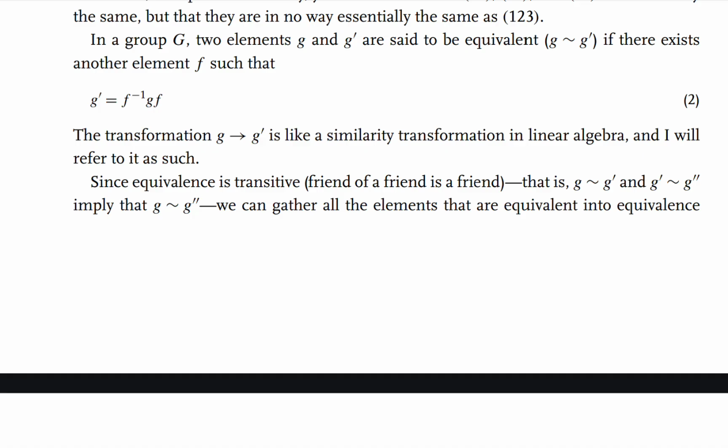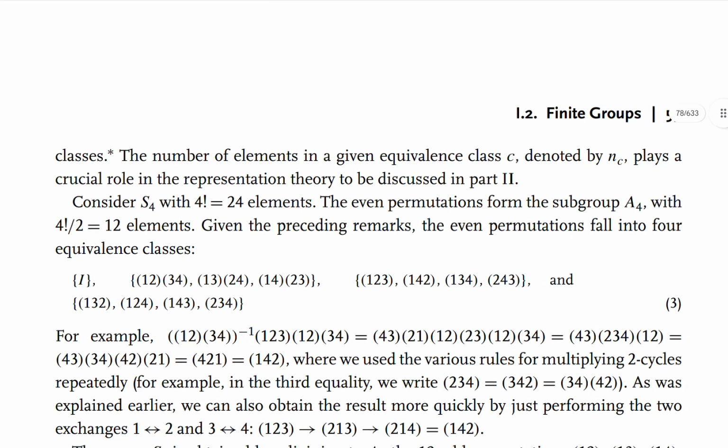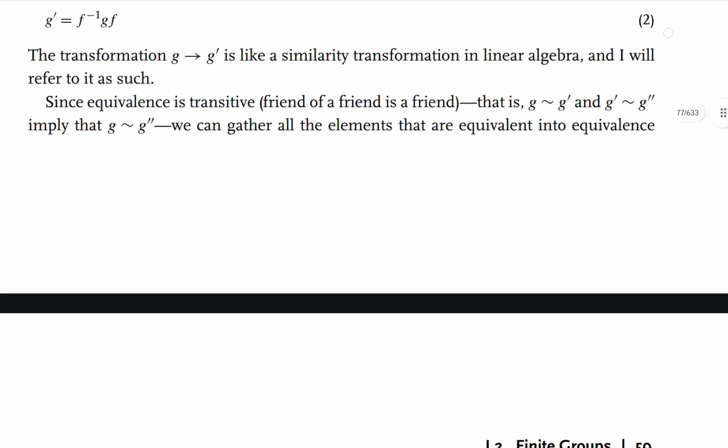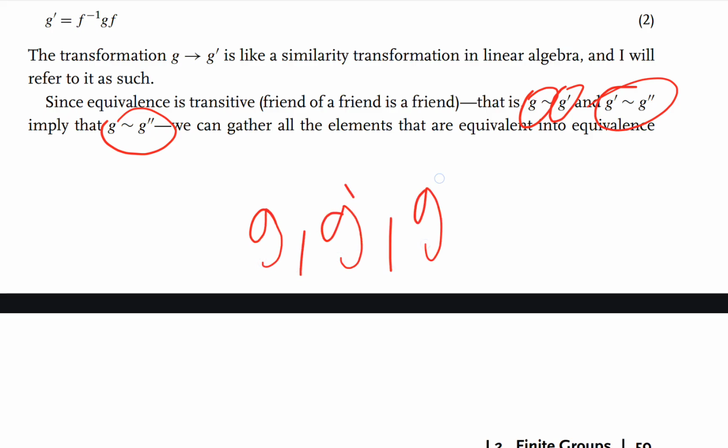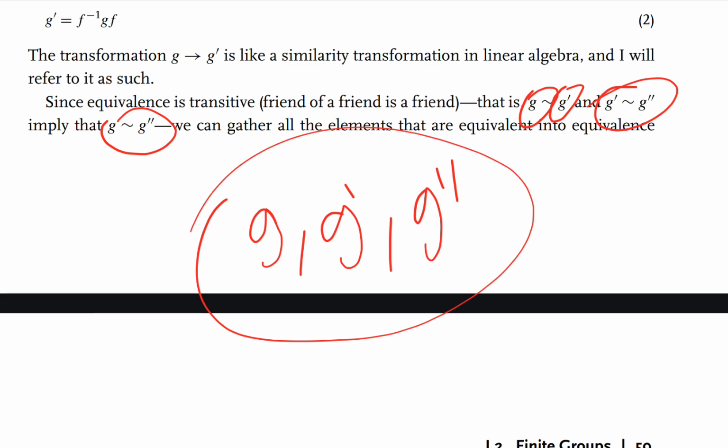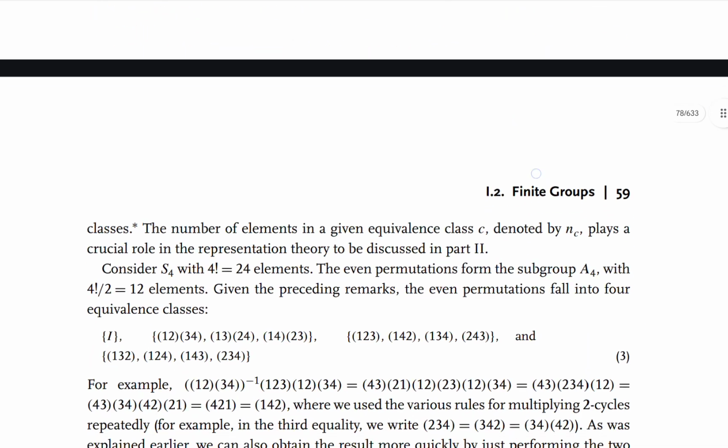So basically, we will just collect all the elements which mean the same thing and make a set of them. And this set, maybe we call it an equivalence class because all of them are basically the same thing. Doesn't matter which one you use. I think that's what he's trying to say, maybe.